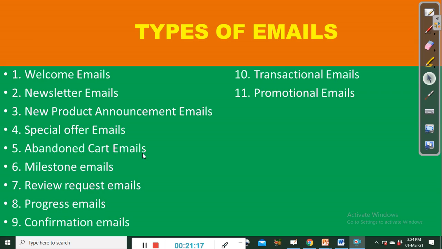So this will strengthen or deepen their interest in your brand or your products and services, and encourage them to continue using your product or service. That's exactly what the milestone email is meant to achieve. And a lot of organizations base this type of email on certain events or certain occasions.